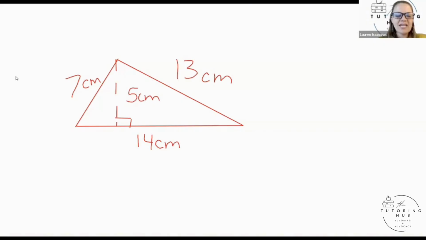Now, finding area and perimeter are very different. Perimeter is around the edges, and we are doing what operation? Can you tell me? Addition. Addition is adding up the length of all the sides.